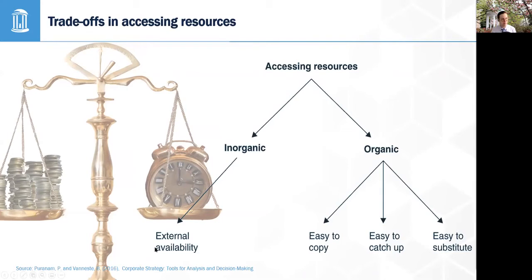Here, a factor that would favor acquisition would be external resource availability. That doesn't just mean that the resource exists externally. It also has to be available to you. So if it's owned by a competitor that you would not be able to acquire, or if the resources are owned by a much, much larger company that would be too big for you to acquire, then it's not really available to you.